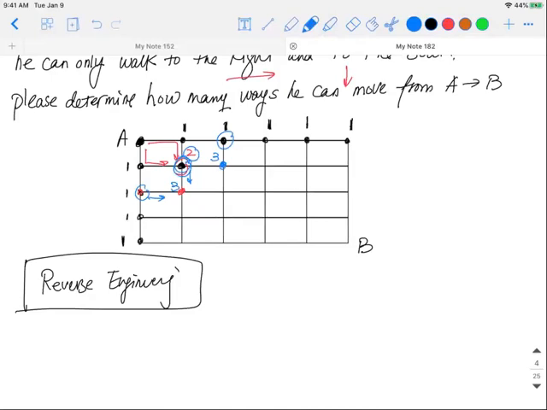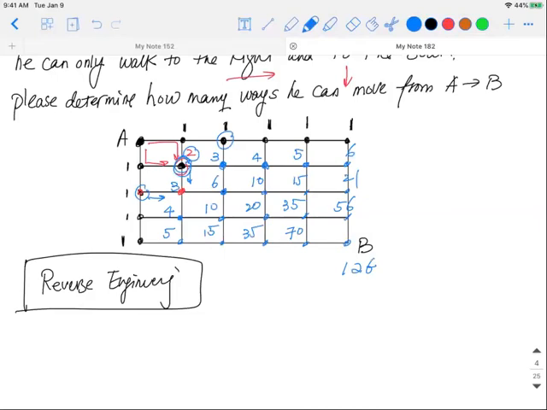So 3 plus 1 is 4, 5, 6, 6, 10, 15, 21, 4, 10, 20, 35, 56, 5, 15, 35, 70. So here is 126.